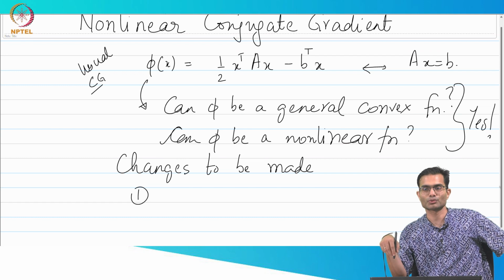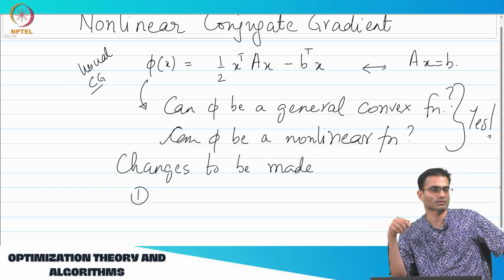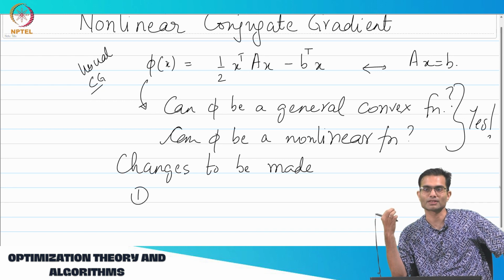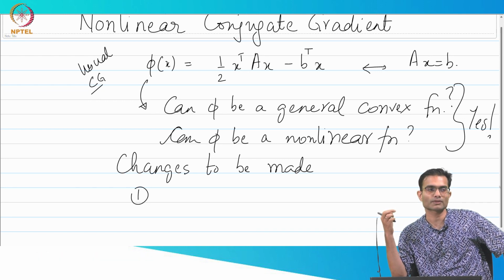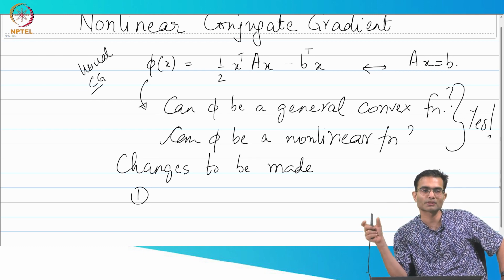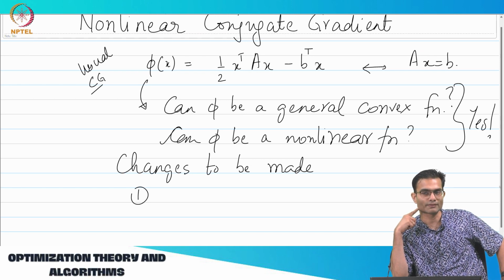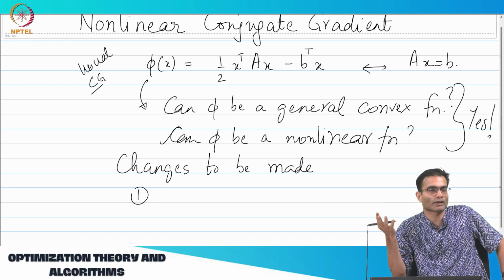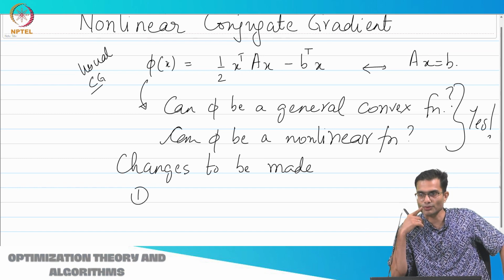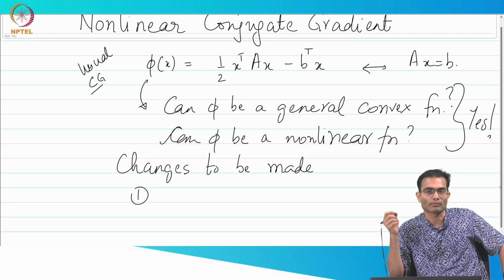Looking at the recipe of the usual CG, what would be the first or one of the things that changes? What was the special property of the quadratic form that got used in the CG method? Positive definite, but now we no longer have positive definite. Okay, so positive definite is out. Some general function has come to us. How did we calculate step length in CG?